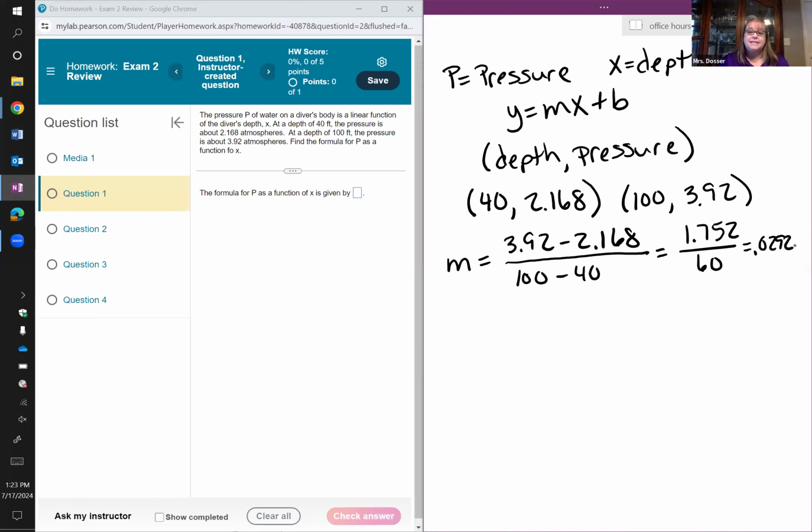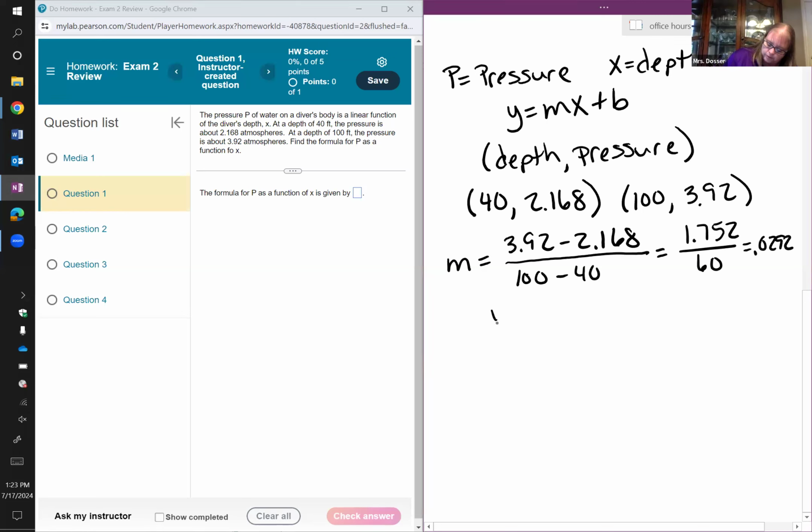We need to still find the y-intercept in order to have the formula for the linear function here. And there are a couple of different ways to do that. I'm going to use the point-slope formula. The point-slope formula allows us to find the equation of the line when we know the slope and we know one point on the line, any point on the line. And so we know the slope and we know 2 points on the line, so we're going to pick one of them.